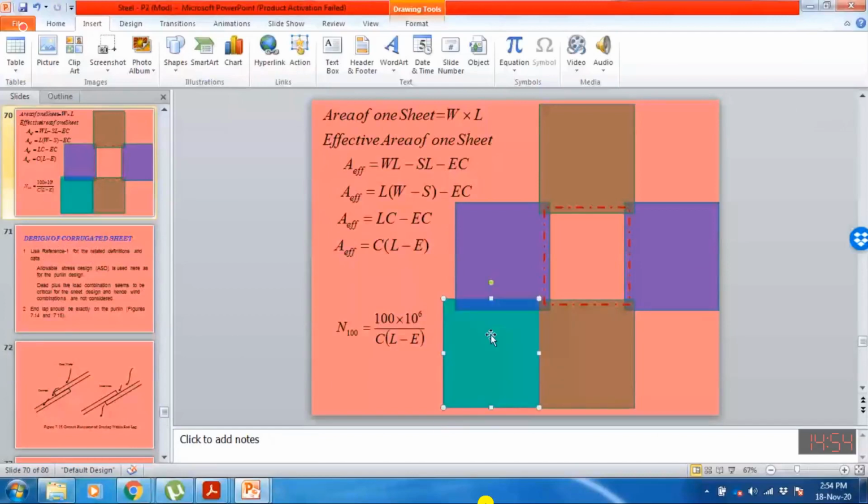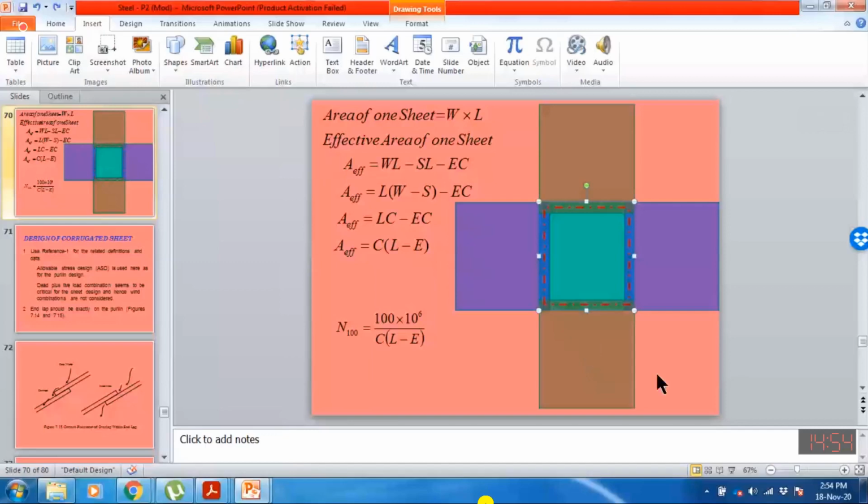Here you can see this shaded region. This shaded region is the side lap that we provide on the side, and similarly we are also providing the end laps. For the sheets on the top side and the bottom side, we provide some overlap. Similarly, we also provide some overlap on the sides.